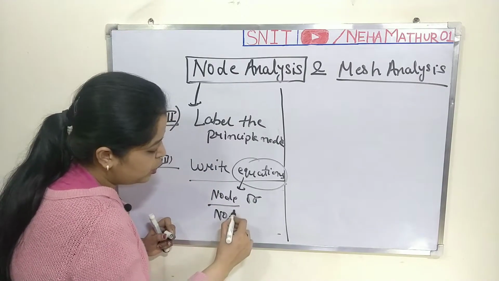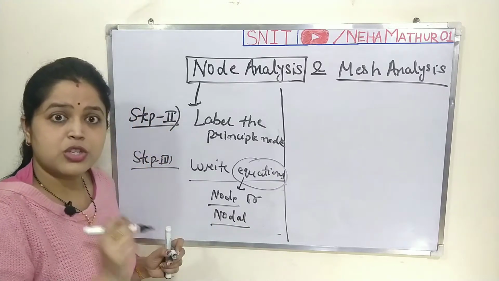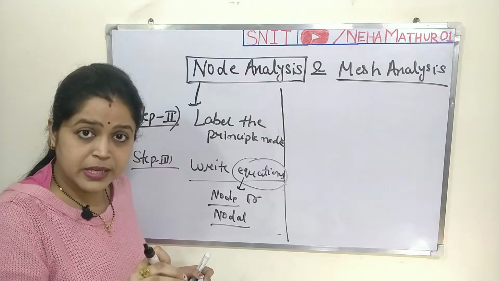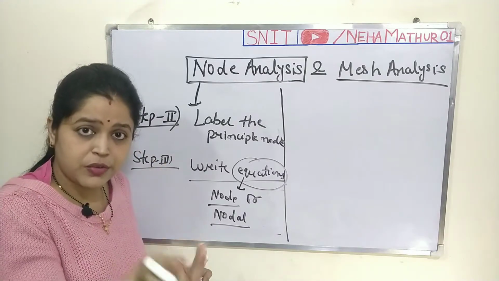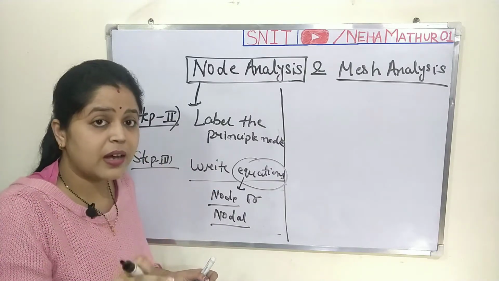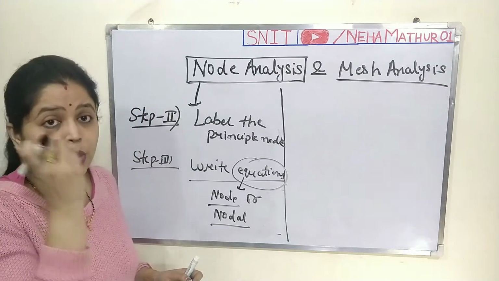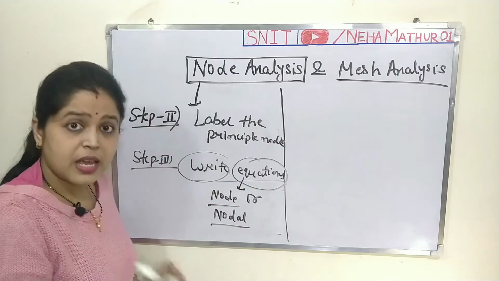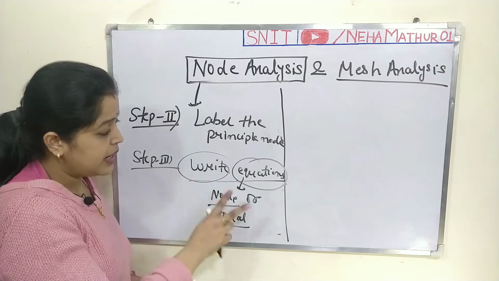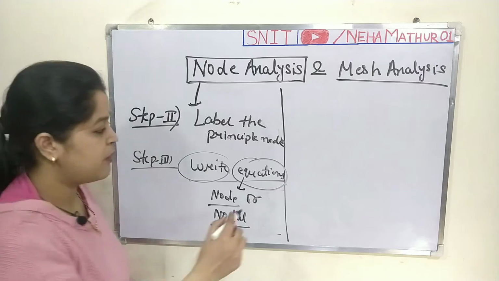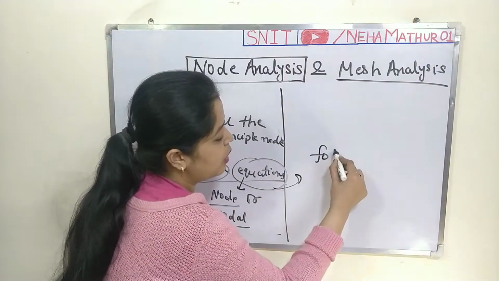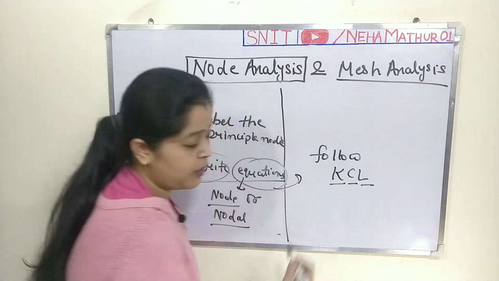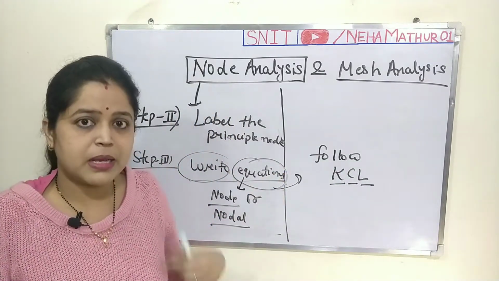Or you can say these are nodal equations because you are using nodes. Again repeating, a node means simply a junction where 2 or more branches are connecting. Fine. So in the third step you will have to write specific equations, and for writing these equations you will have to follow the concept of KCL, that is Kirchhoff's current law, which I already discussed in my last video.